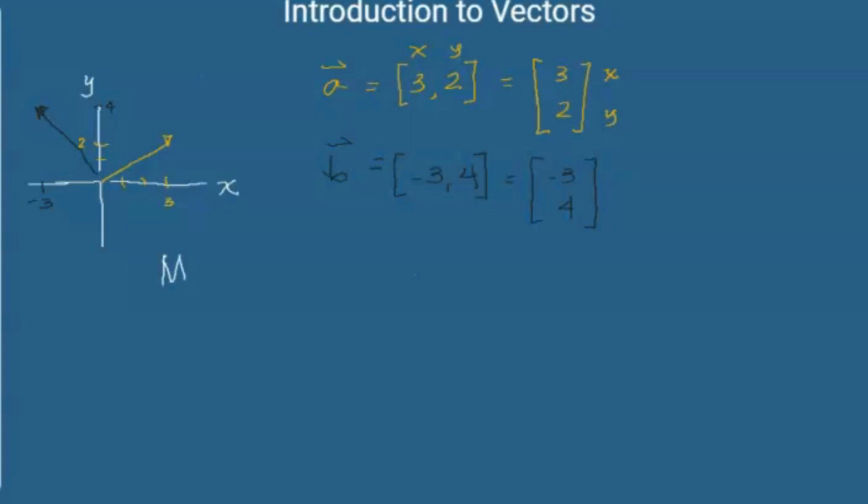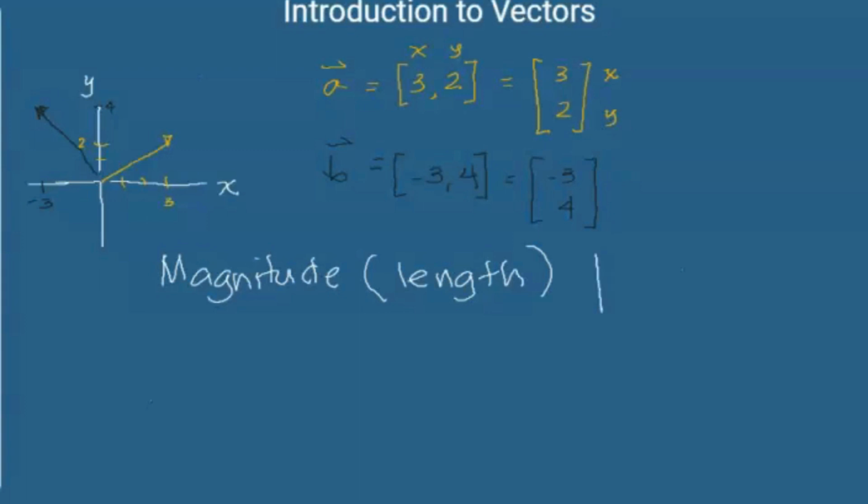To calculate the magnitude, we also need to know the term. Another term for magnitude is the length. And they use the absolute value symbol as the notation for magnitude or length.